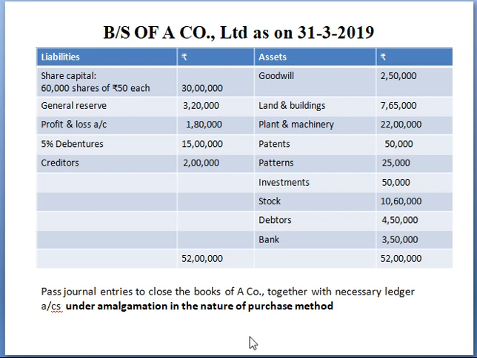So the method is purchase method, that is clear, first point. Second, you have to pass journal entries and ledger accounts only in the books of A company. So A company is the selling company, that is transferor company. So no need to prepare journal entry in the books of purchasing company for this problem.